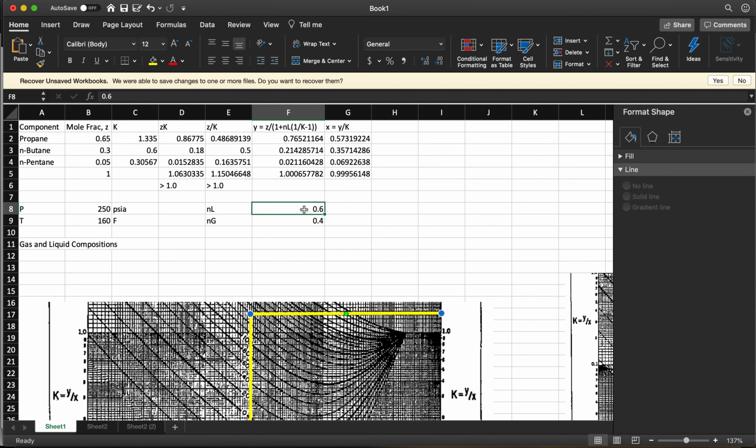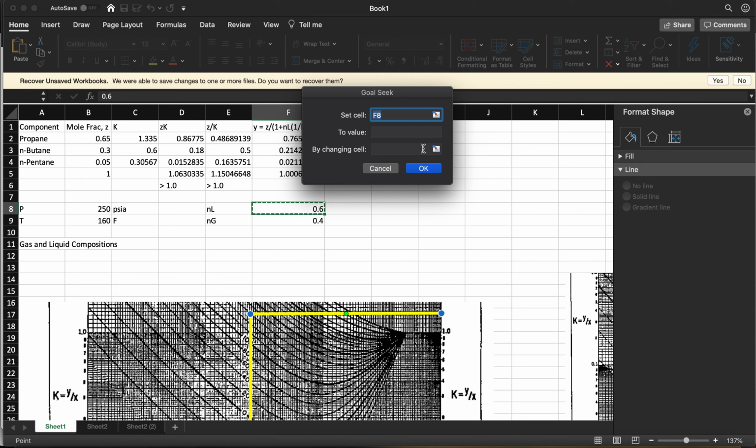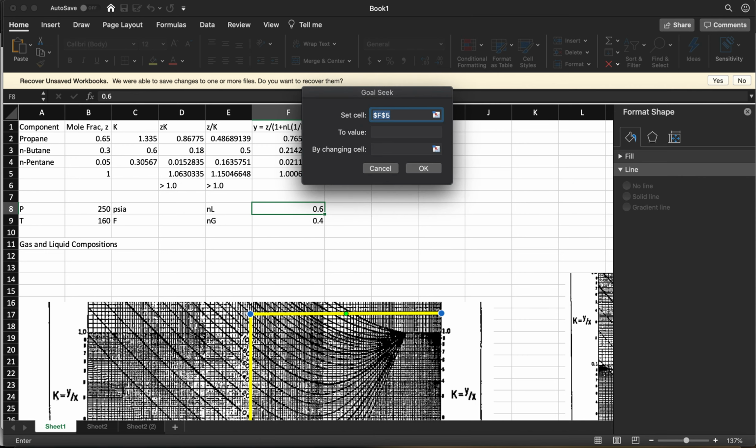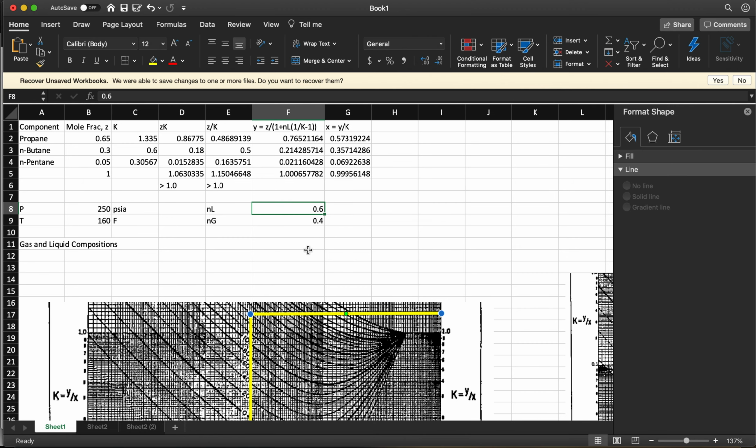If you didn't know that well and wanted to use the functionality, go to Tools and Goal Seek, or find Goal Seek however you do it in your Excel. We want to set this cell to a value of 1 by changing this cell, and then it will run. There's our solution. It was already there because it's basically 0.6.